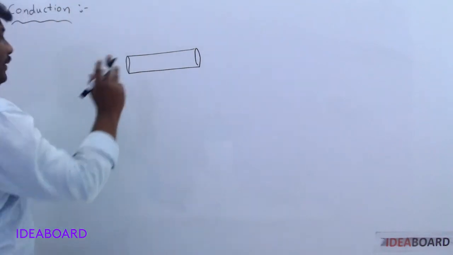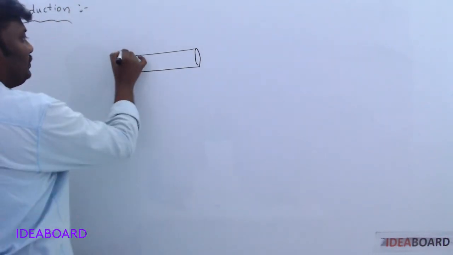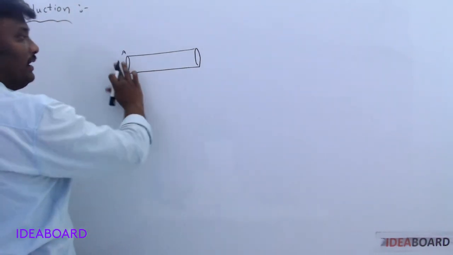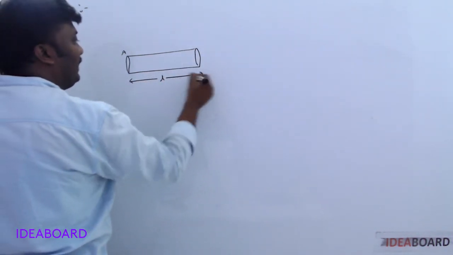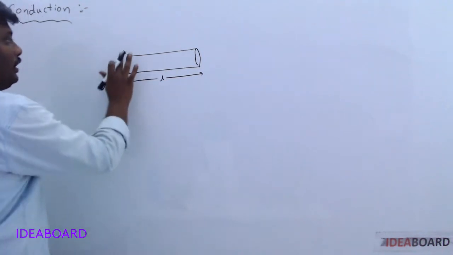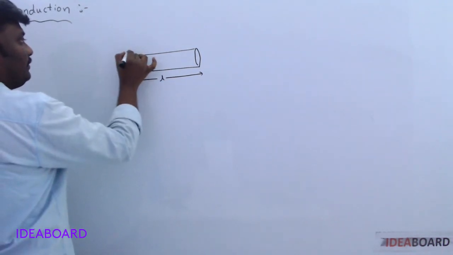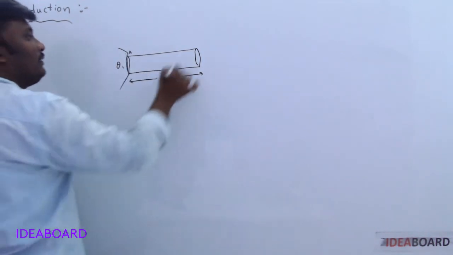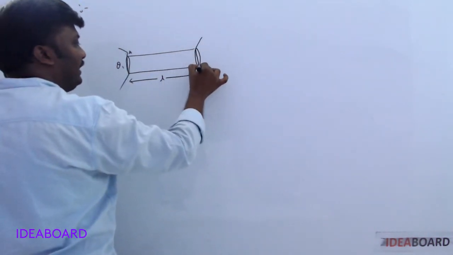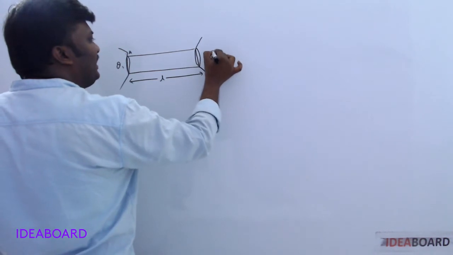Clear now? Now let us take one metallic rod whose area of cross section is A, a uniform cross section body, and whose length is capital L. Now this end is maintained at temperature theta 1. Here it is maintained at temperature theta 2.